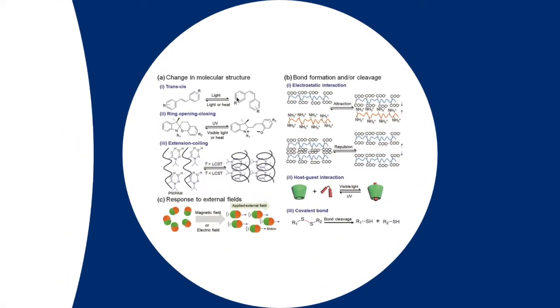So these are examples of how we change the molecular structure using stimuli, using light, using heat, any formation of bonds or cleavage. Attracting like this, or repulsed from here, repulsed from here is attracted, and then interacted with the help of visible light or UV.